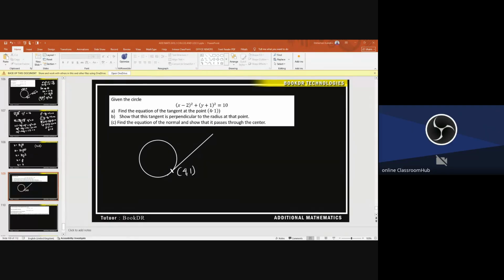2, -1 is correct. So the equation of this circle has been written in the standard form. The standard form of the equation of the circle is x minus a all squared plus y minus b all squared is equal to r squared, where a, b is the center.